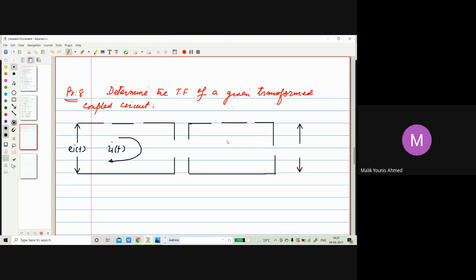Okay, here it is. I'll draw the circuit parameters after that. I2 of t. Here it is E2 of t.